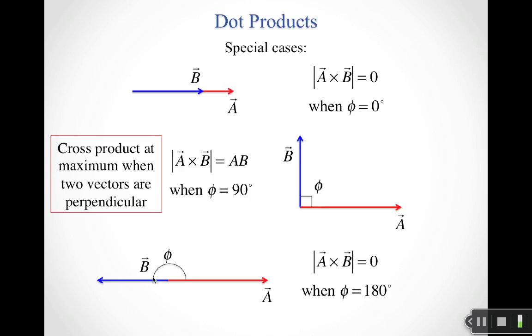And since we want to calculate the magnitude as the magnitude of a vector times the magnitude of a vector, both of which are positive, times the sine of an angle, in order for that magnitude to always be positive like it needs to be, our angles can't be larger than 180 degrees. So we're always going to define phi to be the quickest way around, the angle between the two vectors that is less than 180 degrees.